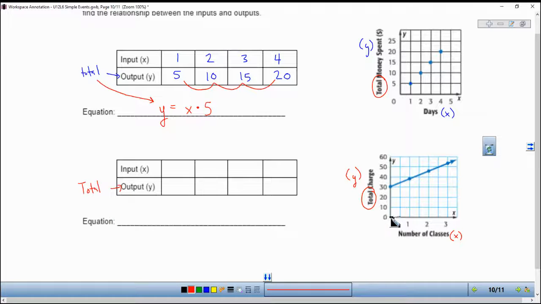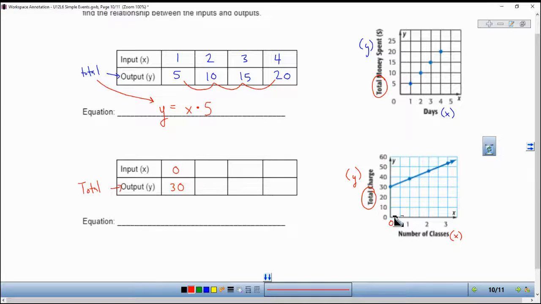Okay, so if we look, our first input, I know it's kind of on the corner there, is 0 classes. How much do you charge? It looks like you charge $30 for 0 classes. We actually did this one earlier a few months ago, and we found that $30, even though you do 0 classes, you still have to pay like a membership fee to go to this gym.